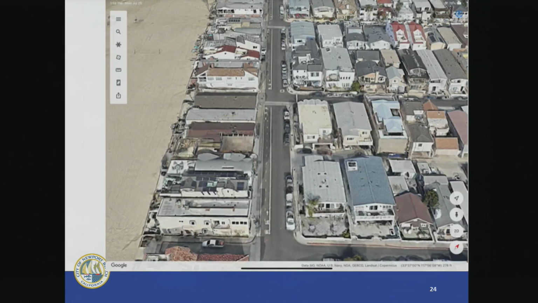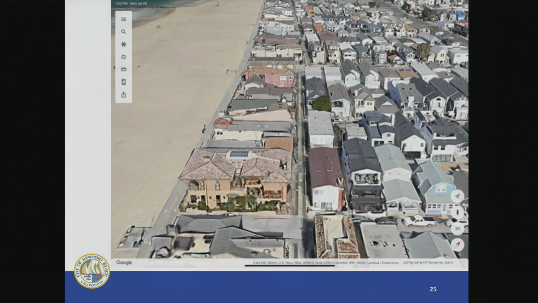And again, just going down here, we have 166 properties on the left, and on the right side, we counted about 57 lots, and some of the lots have duplexes, and of those 57, about 15 have a roof deck. Some of those roof decks may get impacted because that house does raise up by 5 feet. But I do think the view between the homes continues to be maintained, especially on that third level.